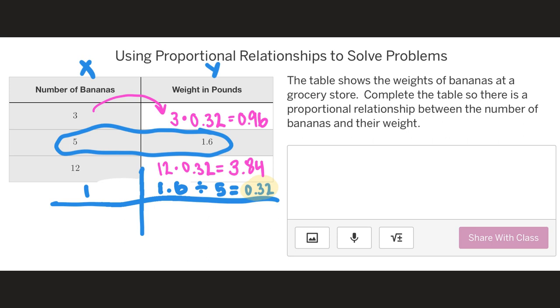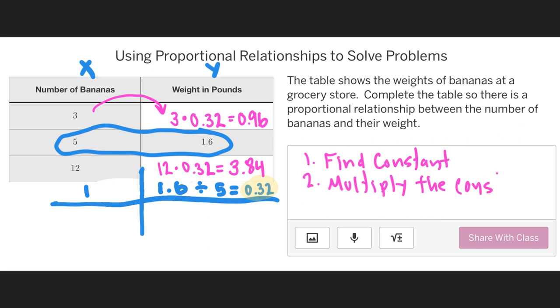So that means if we're going to type this out, first we find the constant, and then second we multiply the constant by 3 to get 3's weight in pounds, and by 12 to get 12's weight in pounds.